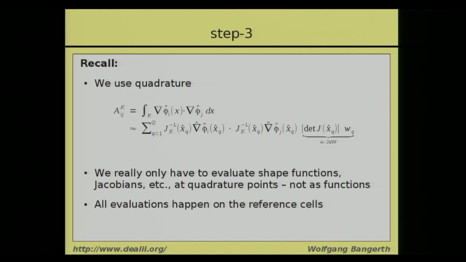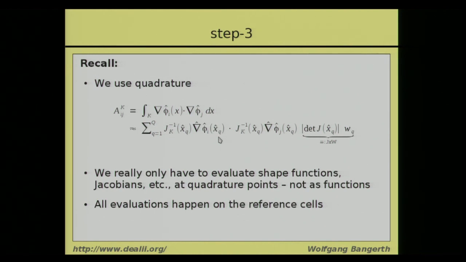For example, if I use a Gauss quadrature formula on every cell in my mesh, then the set of these x_q's is going to be the same at every cell, because I need to evaluate this phi i on the reference cell, for example, on the quadrature points on the reference cell. And of course, the quadrature points on the reference cell are always the same, no matter how many cells I visit.